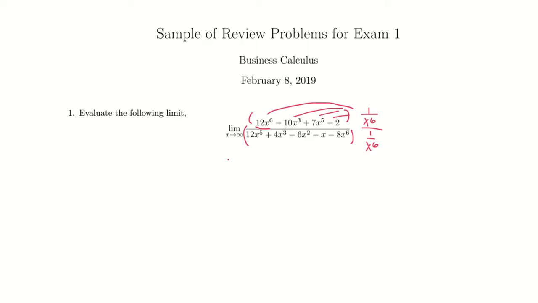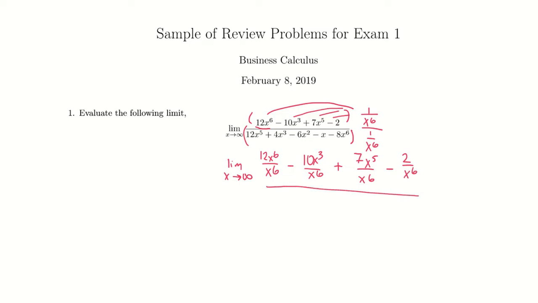So this would become, in the numerator, limit as x goes to infinity of 12x to the 6th over x to the 6th minus 10x to the 3rd over x to the 6th plus 7x to the 5th over x to the 6th minus 2 over x to the 6th. That's the numerator.